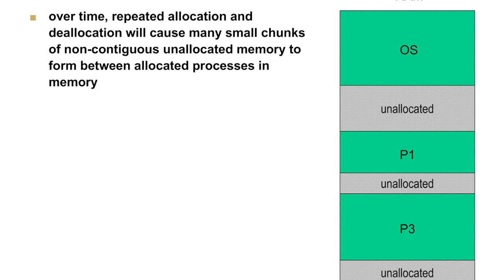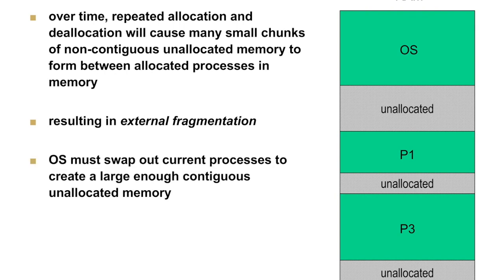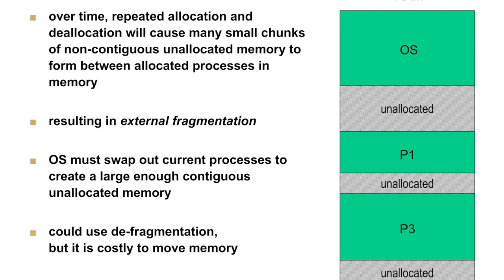We could rearrange all these things to get rid of this fragmentation, which is called external fragmentation, but we don't want to have to move data when we don't need to. We could actually do defragmentation, which would be collecting all that unallocated space together by moving the processes that are there.